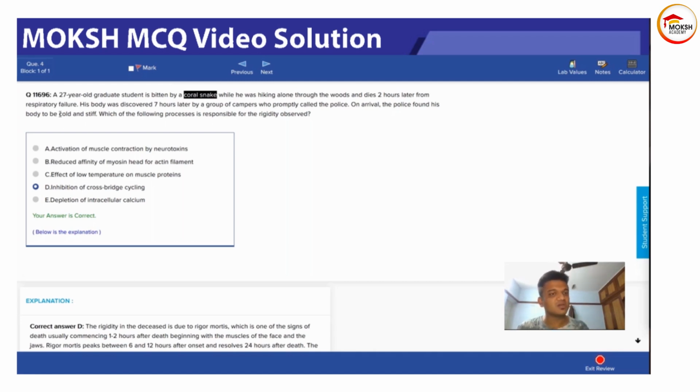It is cold because there is no circulation, but that doesn't mean it is low temperature. Everybody turns cold after that, even in countries like India and states like Rajasthan, right? So yeah, and depletion of intracellular calcium might be, but that's not the reason. The main reason is decrease in ATP. So the answer is ultimately inhibition of cross bridge cycling.